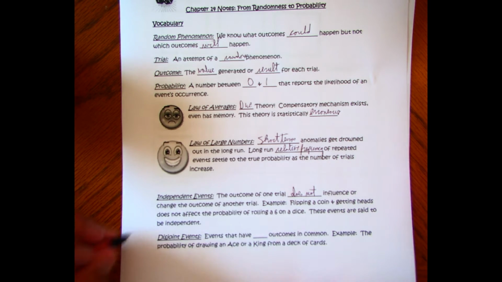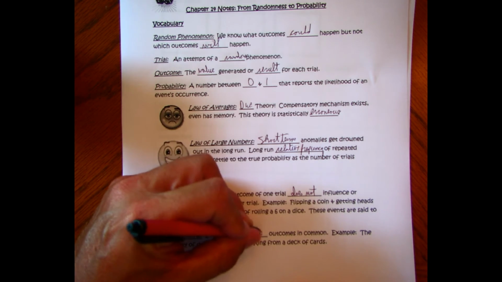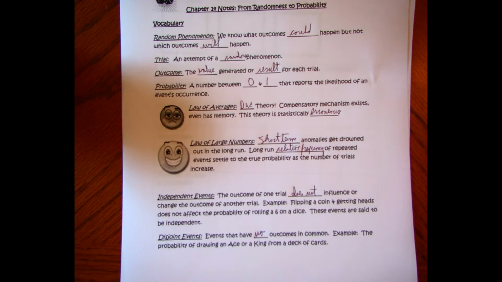Disjoint events are events that have no outcomes in common. Okay? So an example in a deck of cards, you draw an ace or a king. Well, there are no aces that are kings, and there are no kings that are aces. Walking around our school, the probability of picking somebody randomly that's an 11th grader or a 12th grader.